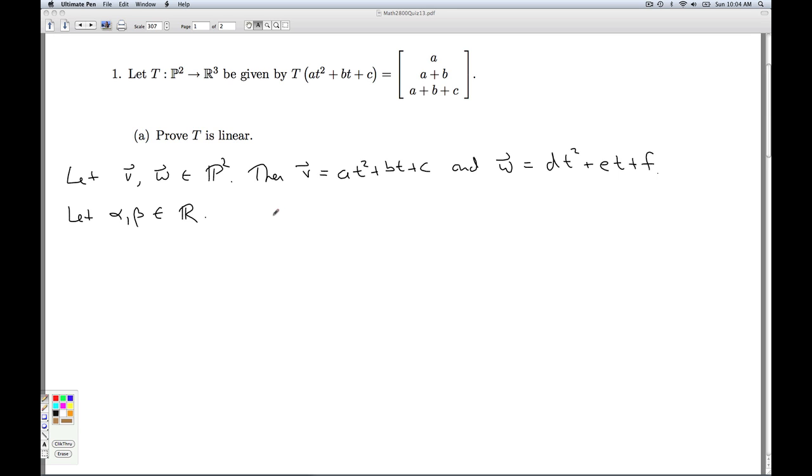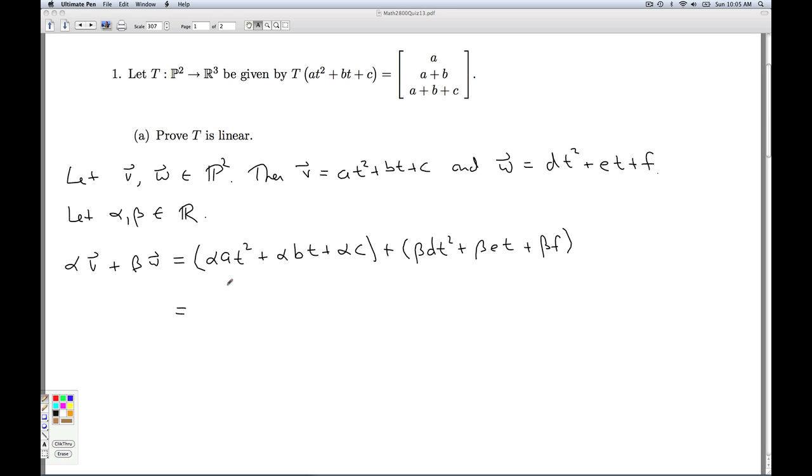So what I want to do is compare T of alpha V plus beta W with alpha T of V plus beta T of W. So, alpha V plus beta W. Well, I'm going to multiply V by alpha, so I get alpha A T squared plus alpha B T plus alpha C, plus beta times that polynomial, W. Combine the like terms.